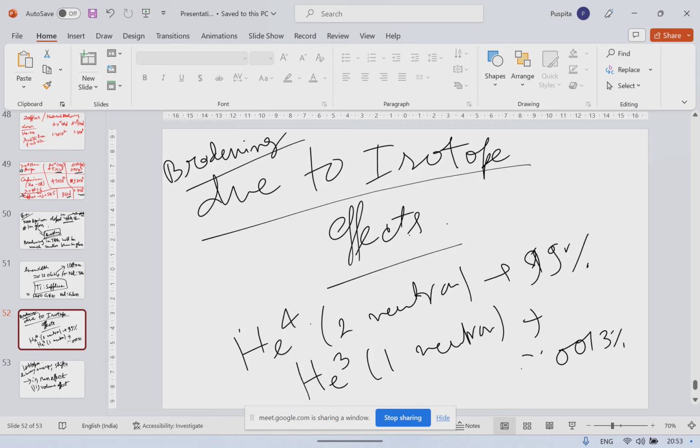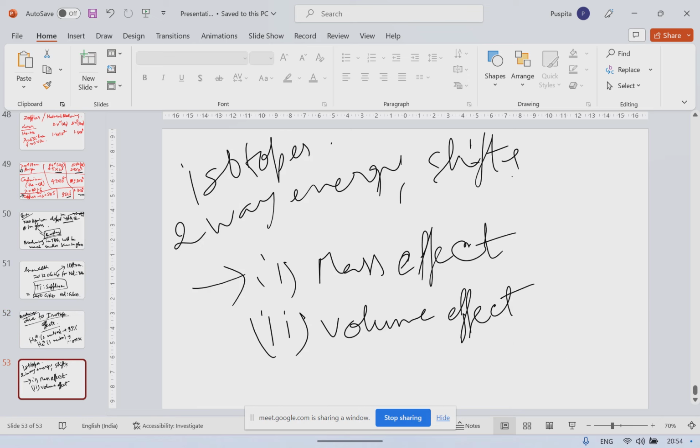Neutrons are not massless; they are not photons, which are massless. The neutron is not massless, so there is a mass difference. And the neutron also has a volume, so there will be more volume in the heavier isotopes.